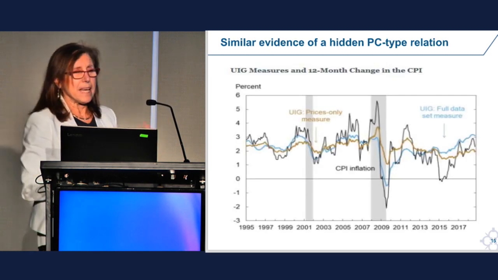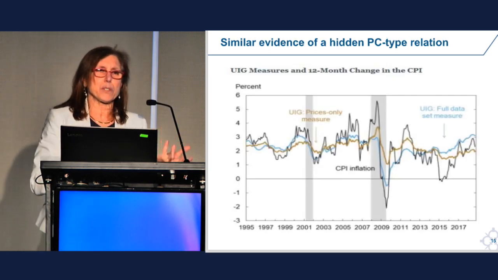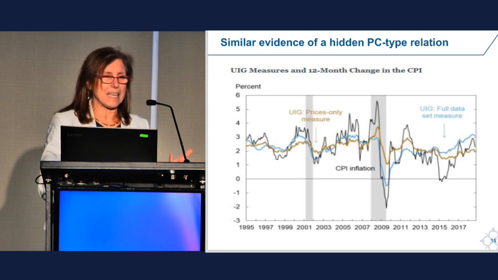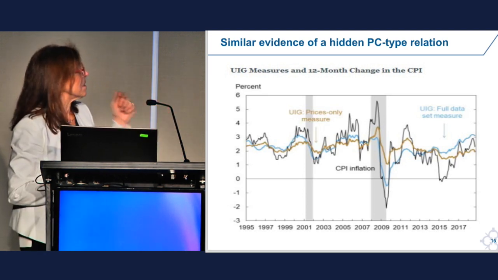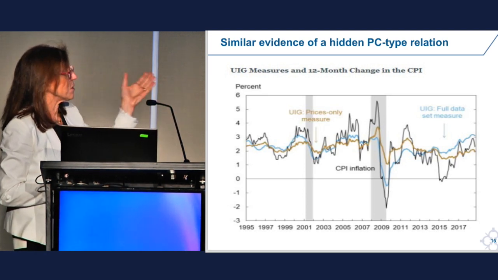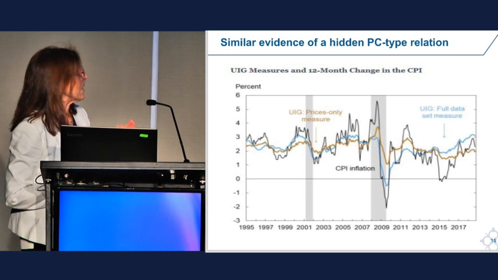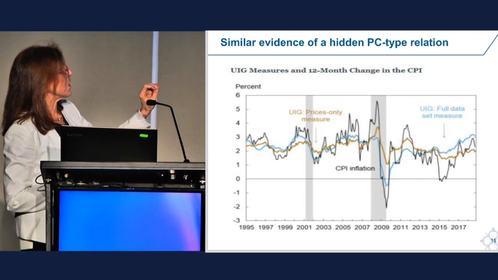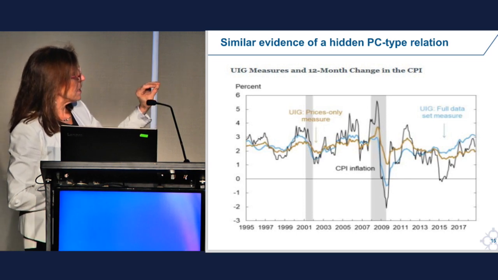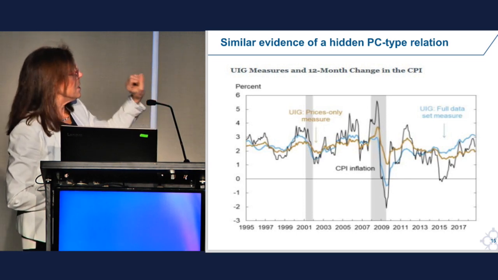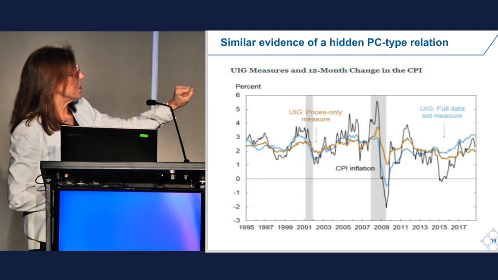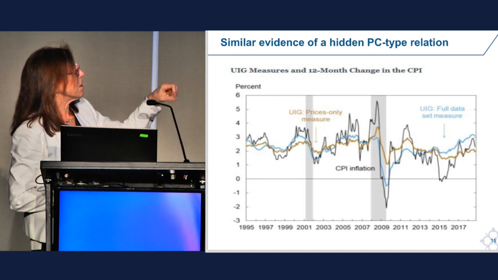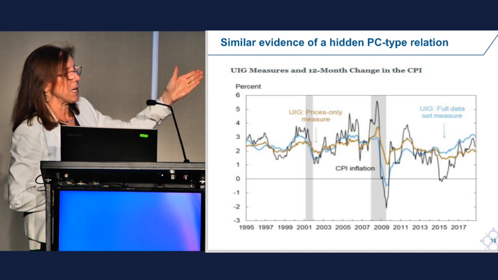Now, there is a hidden Phillips curve in the data. This is a measure that some of my colleagues compute at the Fed, which is an estimate of underlying inflation using only the price subcomponents of CPI, and using many more data than just the price subcomponents.